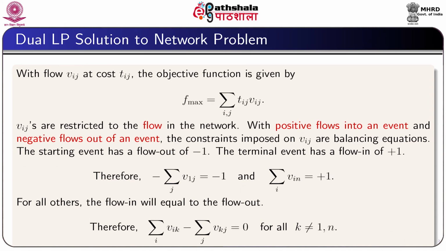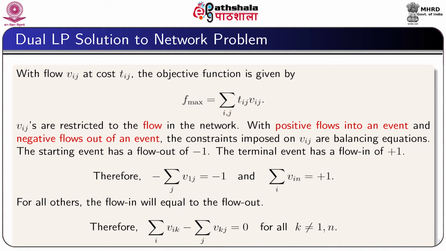With flow Vij at cost Tij, the objective function which is to be maximized is given by f max equal to summation Tij Vij over i and j.